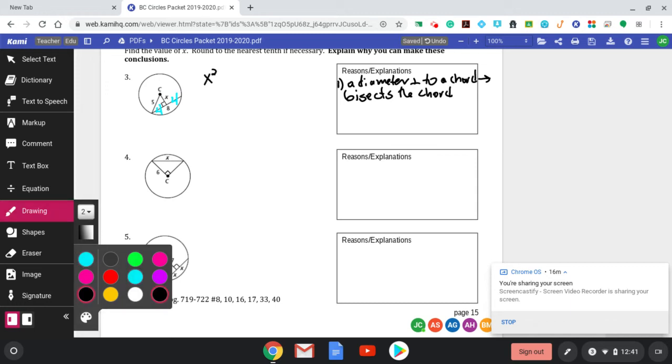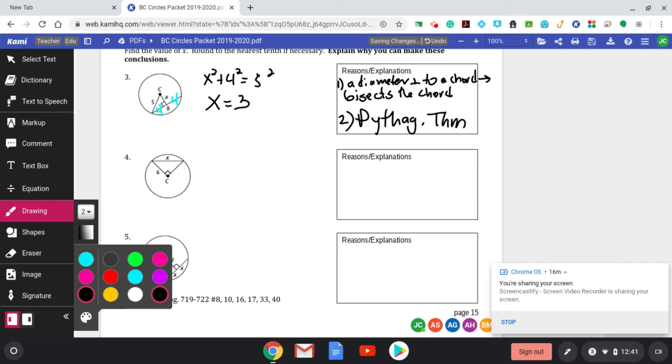So x squared plus 4 squared equals 5 squared, and then x equals 3. And I just want to add in here for reasons: I know it's not one of our circle theorems, but we did use the Pythagorean theorem.